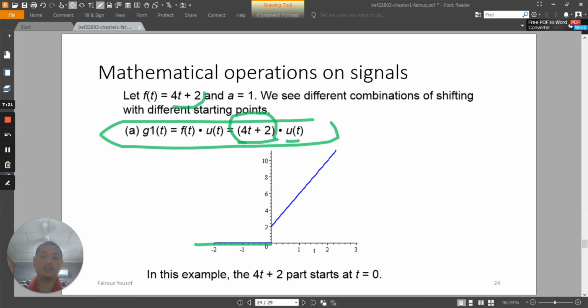So simply plot the straight line, 4t plus 2, crossing at 2. This is the slope, which is 4. Simple.